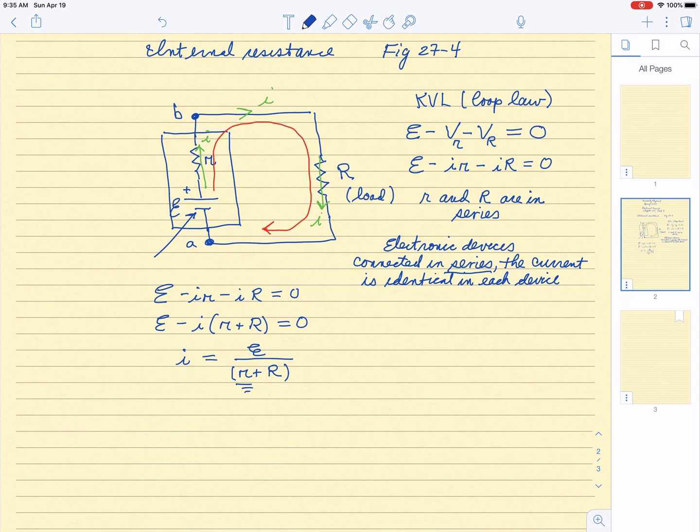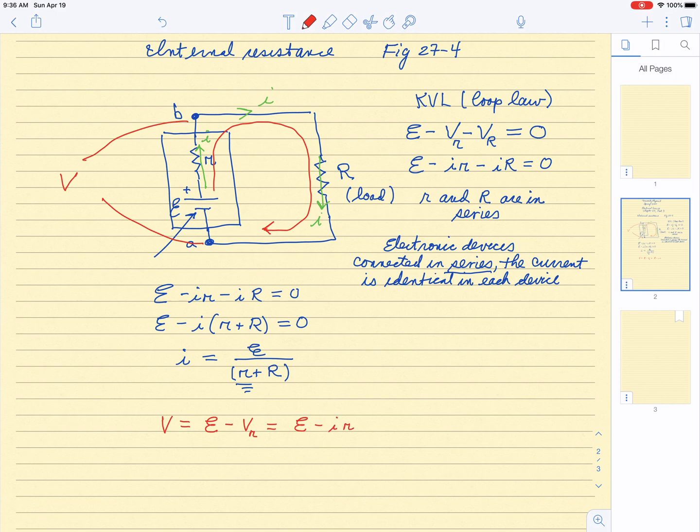So if we go back now, and look at the potential difference between A and B, then that potential difference is going to be equal to the ideal electromotive force script E minus the voltage drop across the internal resistance, which is script E minus I times lowercase r.